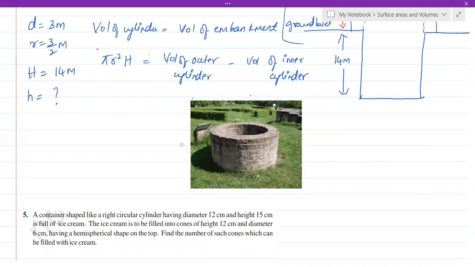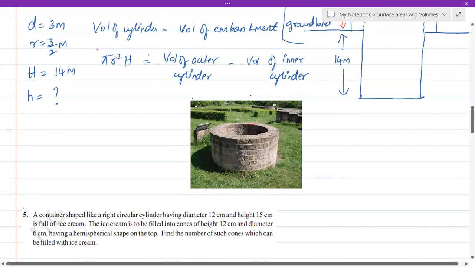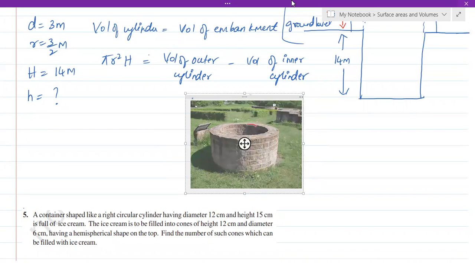When I find the volume of the outer cylinder, we get the entire thing. Embankment is only the circular ring part. But in the middle, we don't have any embankment. It is open. There is no material here. So we don't want that. We have to subtract it. That's why we take the volume of the outer cylinder minus the volume of the inner cylinder.